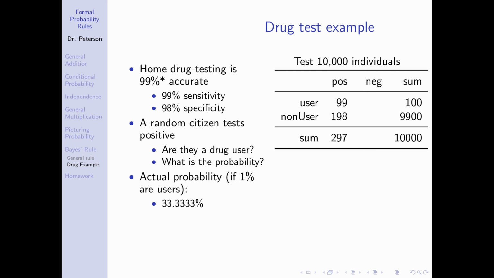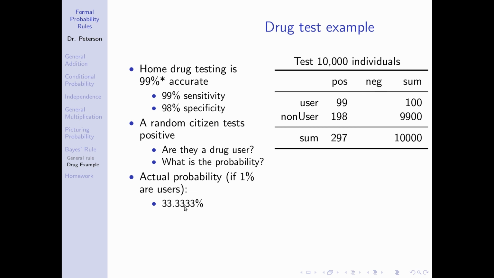This means there are a total of 297 positive drug tests. Given that we're only interested in the outcome of a positive test, because we are interested in the random citizen that tested positive, that means we take 99 divided by 297, which gives us 1 in 3.